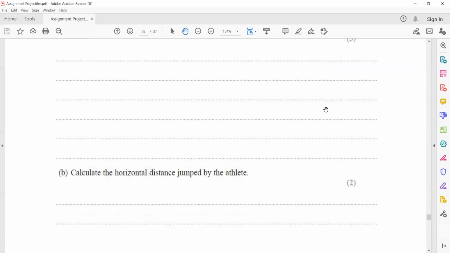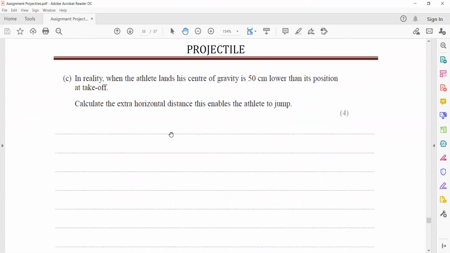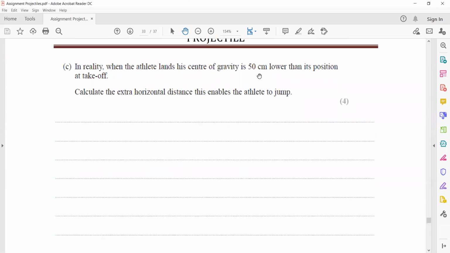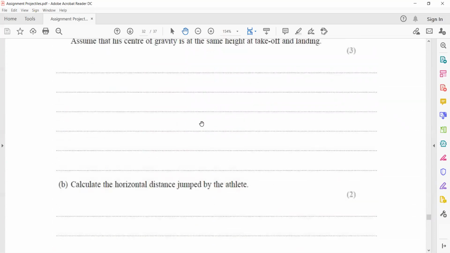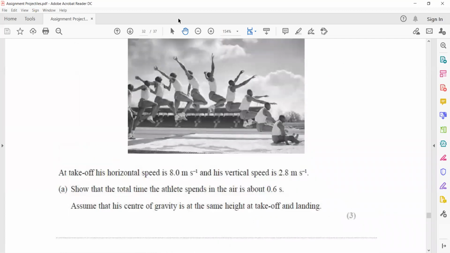Page 33. In reality, when the athlete lands, his center of gravity is 50 centimeters lower than its position at takeoff. Calculate the extra horizontal distance. So basically, here the center of mass or center of gravity of the athlete is there, but when he jumps and lands, his center of gravity is below the actual point of takeoff.